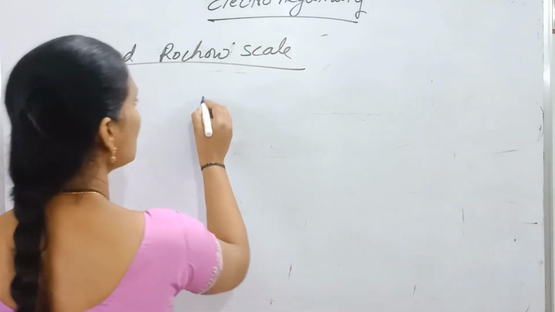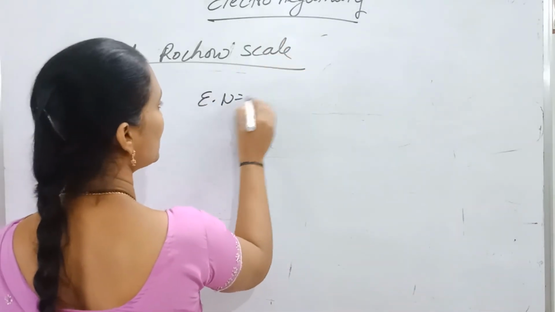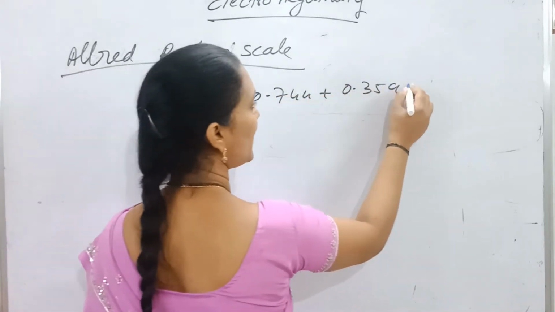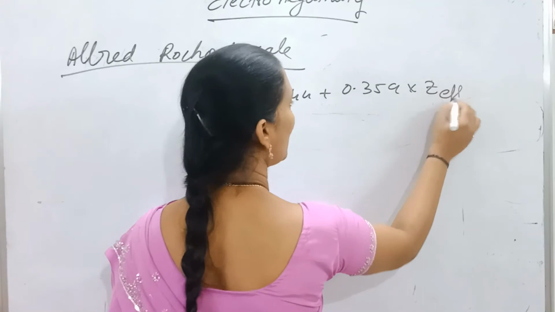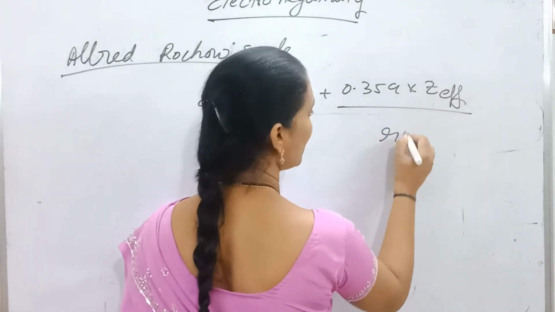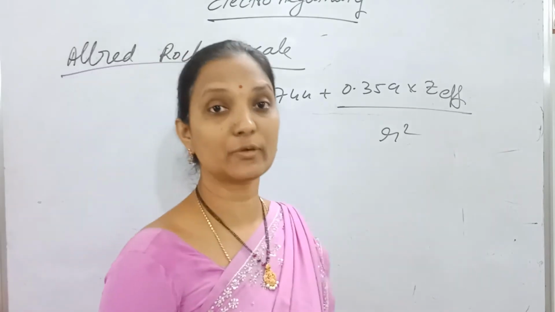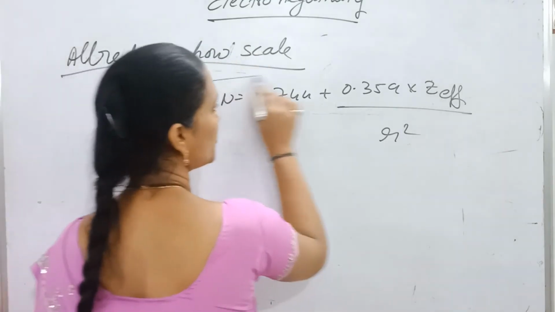Using effective nuclear charge. The parameter used is effective nuclear charge. Electronegativity is equal to 0.744 plus 0.359 into effective nuclear charge by R square, radius square. Using this formula we can calculate electronegativity in the Allred-Rochow scale.